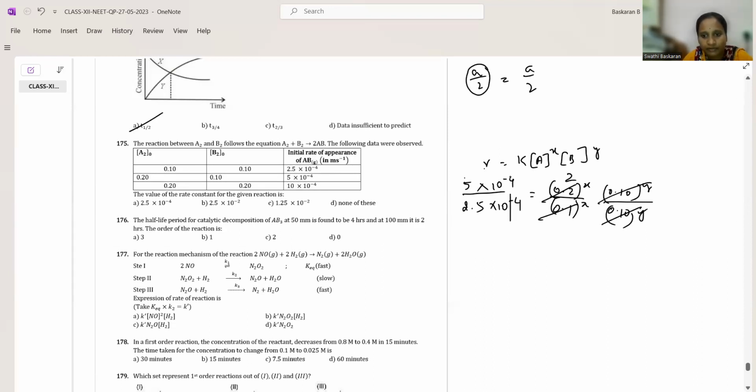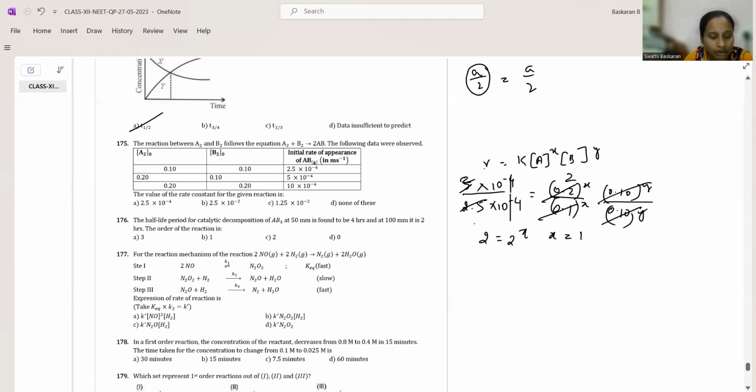So now 10 power 4 and 10 power 4 get cancelled, and now this will become what? 5 divided by 2.5 is 2. So it is becoming 2 is equal to 2 power x. Now you are identifying the x value to be 1, correct?